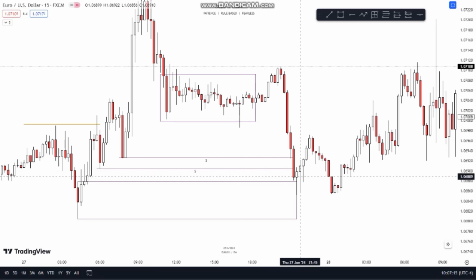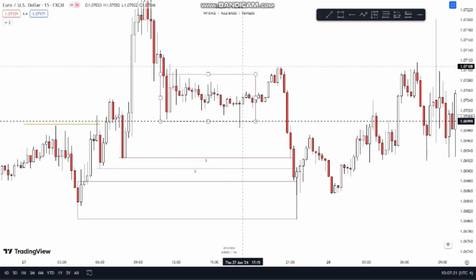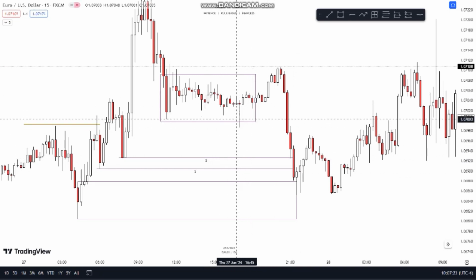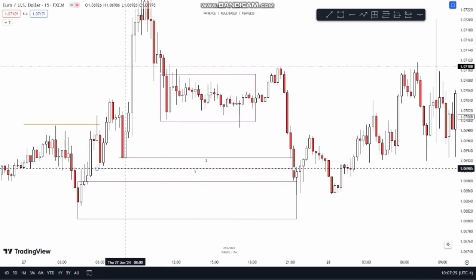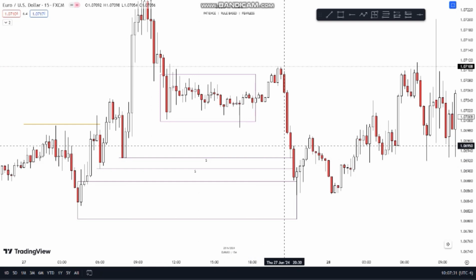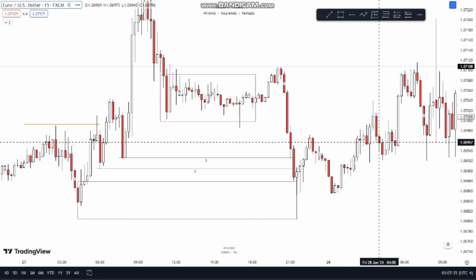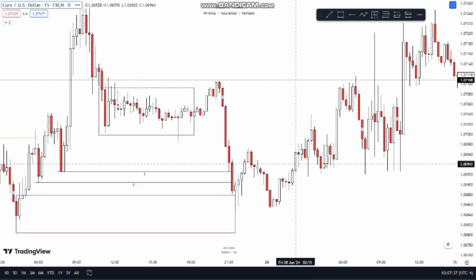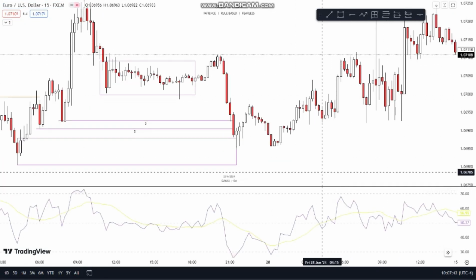This is what the banks do, taking out stop losses of early buyers depending on the direction of the market. But here the banks took out stop losses of early buyers, then put in their position here before price now starts to move in the direction.